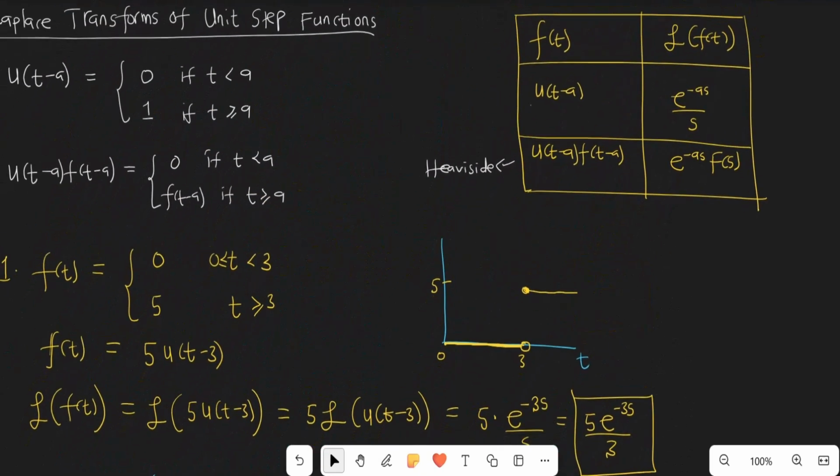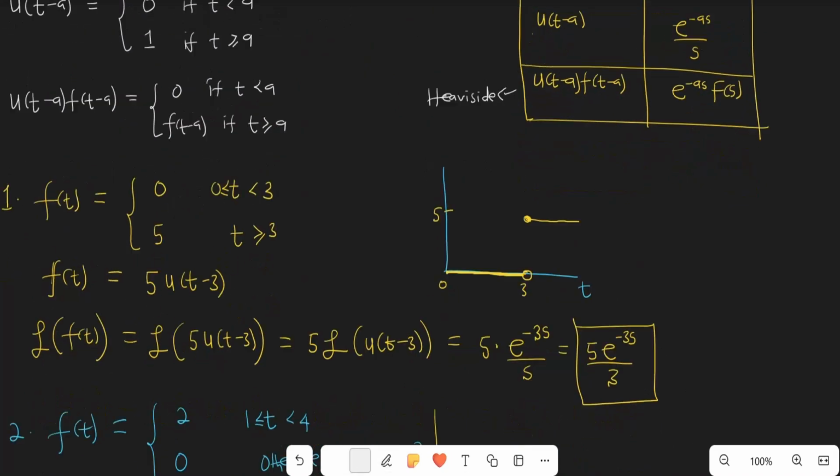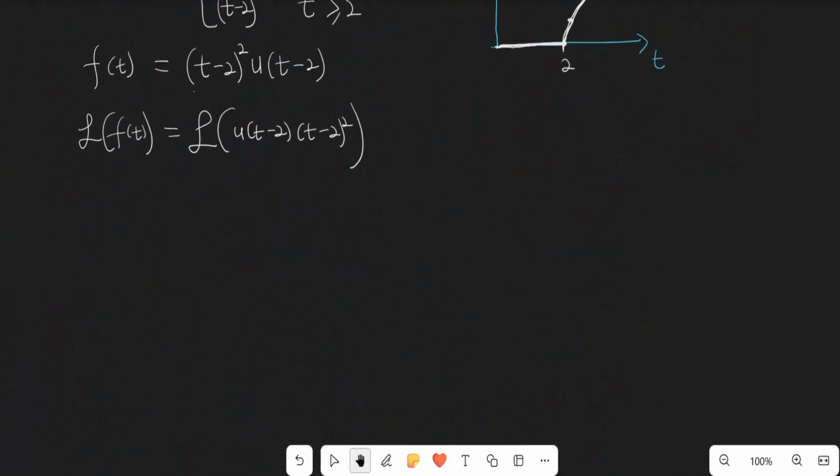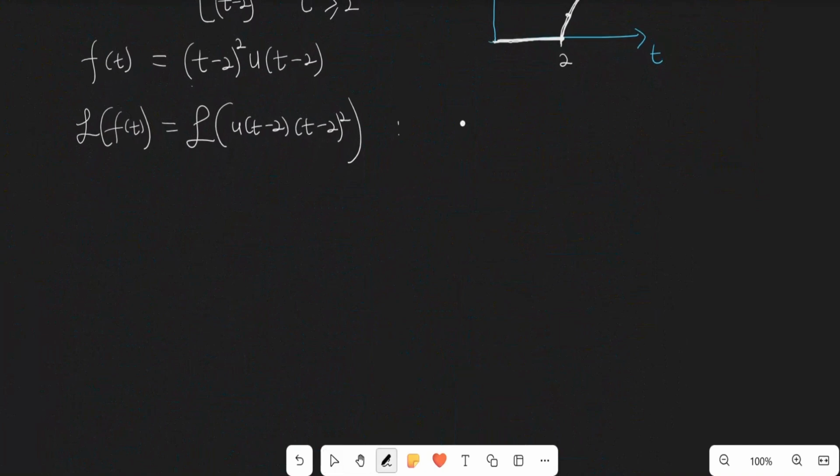The Laplace transform of u of t minus a times f of t minus a is equal to e to the negative as times F of s. So let me write it here. The Laplace transform of u of t minus a times f of t minus a is equal to e to the negative sa times the Laplace transform of the unshifted function.